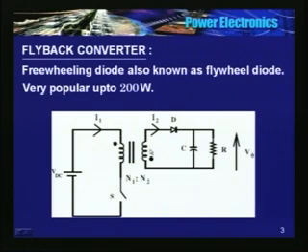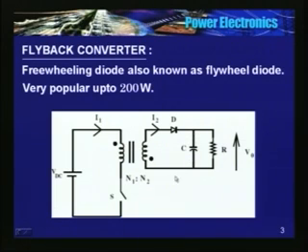When the diode is on, current is flowing in this direction, so definitely this terminal should be positive. Cathode potential with respect to this bus is V0.